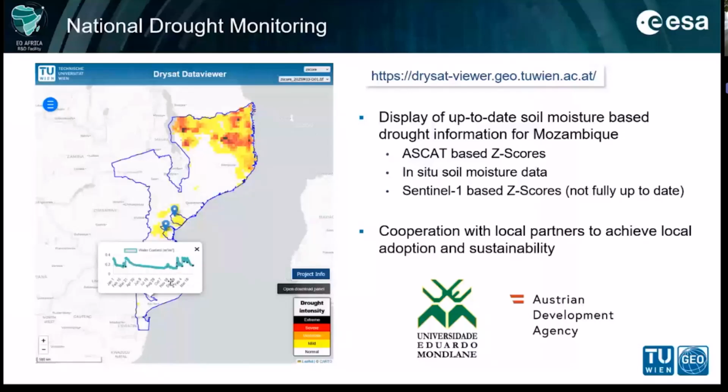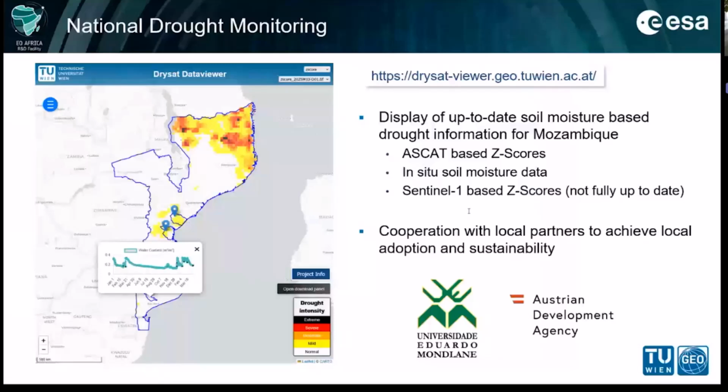Looking at the in situ data that we're also collecting in Mozambique, we would find that there has been quite some rain recently, so no problems. Only in the northern parts of Mozambique, there are some areas that are below average wet conditions. We're trying in this project to work together with local partners to achieve an adoption at local scale and long-term sustainability.